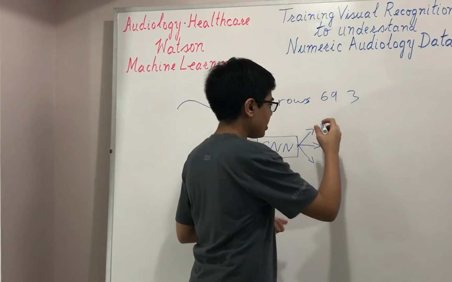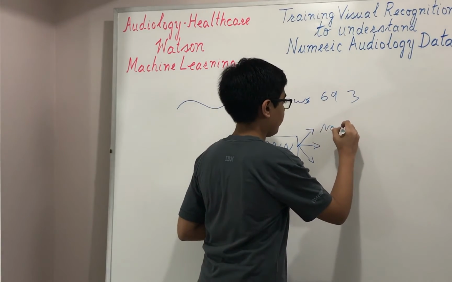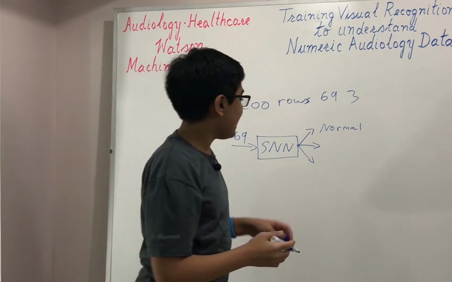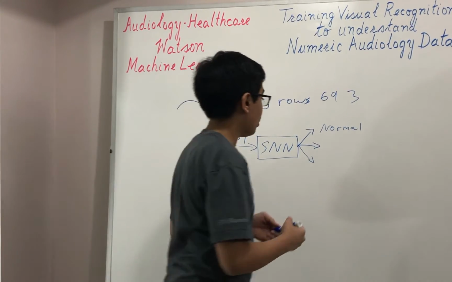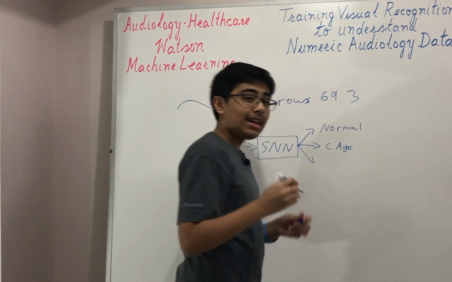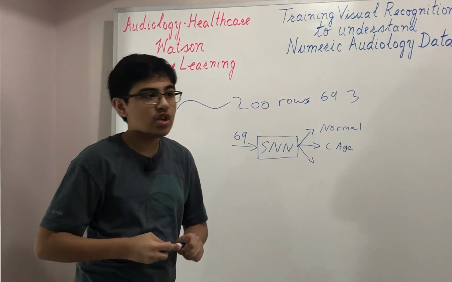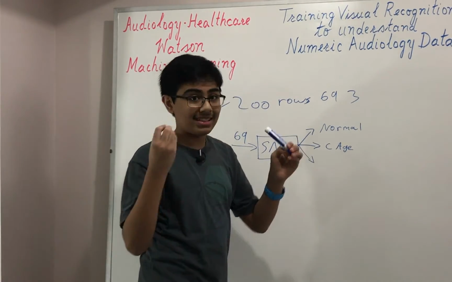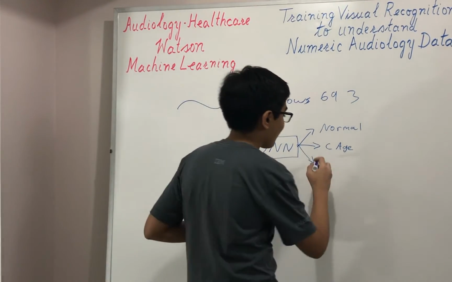The first one is just that he has a normal ear. The second one means that he has a hearing problem due to cochlear age. And the third one is due to a cochlear anomaly. We don't exactly know what's wrong with his cochlea, but it's something to do with the cochlea.